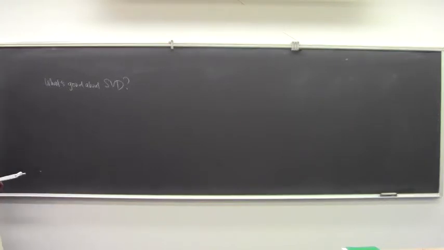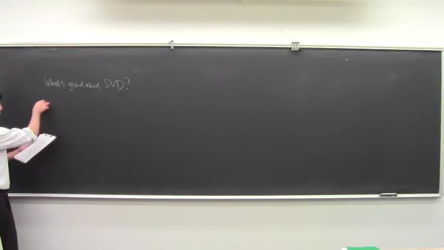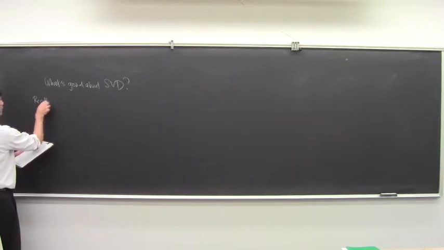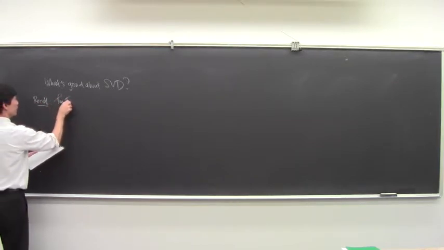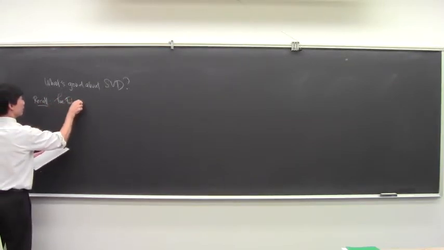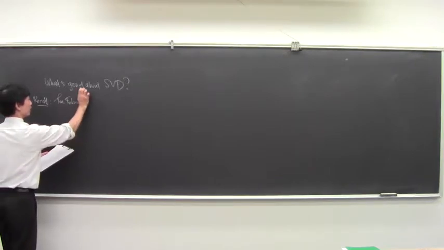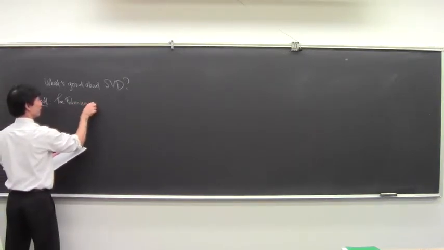Now, what does that mean, best? Best will be in terms of the Frobenius norm, which we saw earlier. I don't know if we named it the Frobenius norm, but we've seen it before.